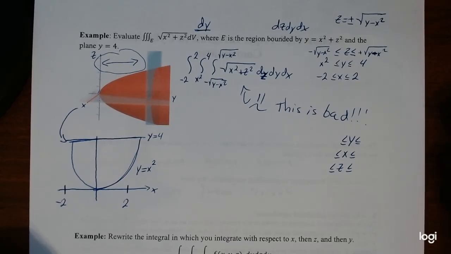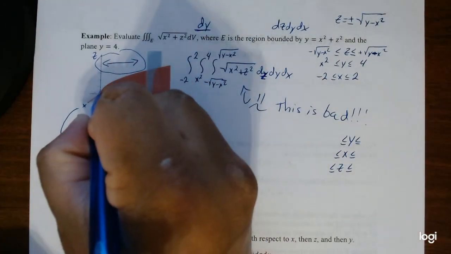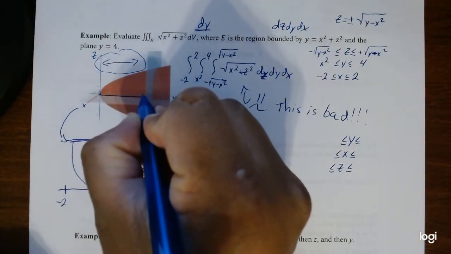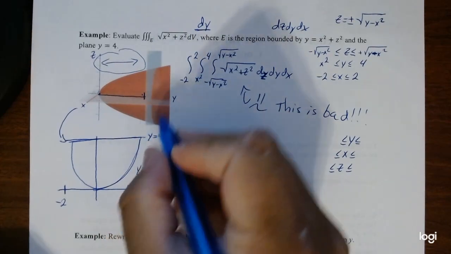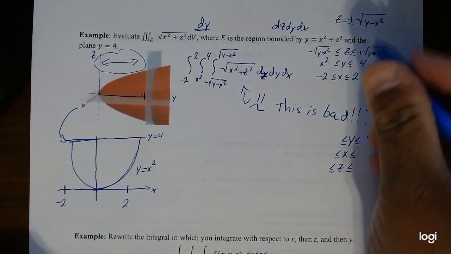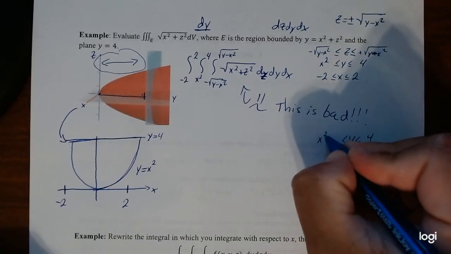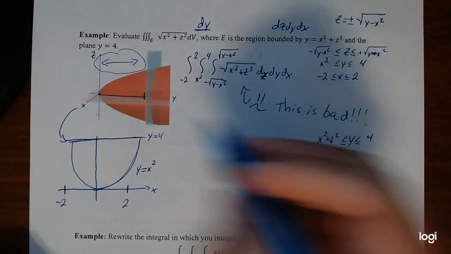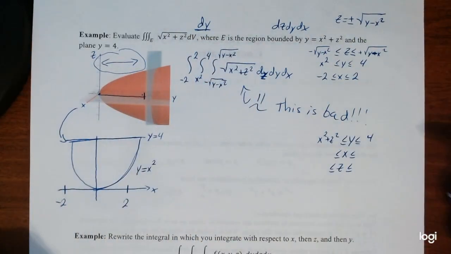So now y goes from where to where? So y goes from here to there. So it still stops at 4, because that's the maximum it goes. And it starts at our actual function, x squared plus z squared.